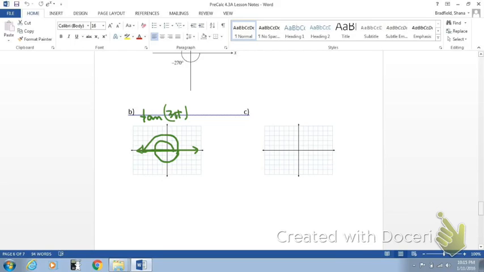I could pick a point then on the terminal side, which is over here, we'll call this negative 1, 0, where x is negative 1. I would still have a radius of 1 here.